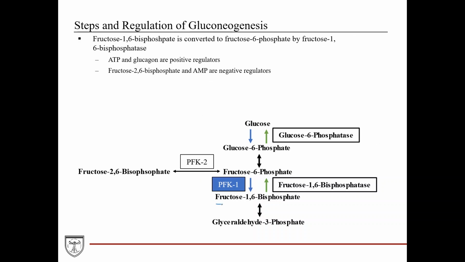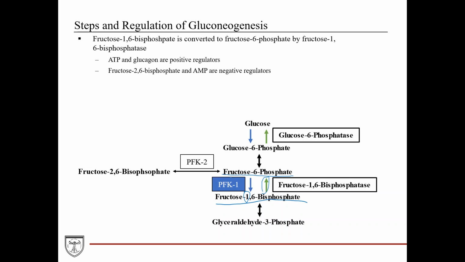All right, so now that you've formed fructose 1,6-bisphosphate, the next step is to convert it into fructose 6-phosphate. This is catalyzed by an enzyme specific to gluconeogenesis, which we've indicated here with the green arrow, and that's called fructose 1,6-bisphosphatase. So it's essentially taking the phosphate group off of this one position to yield fructose 6-phosphate.